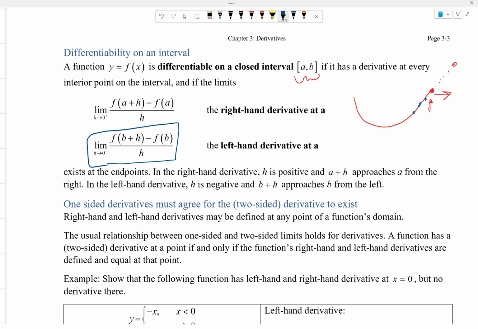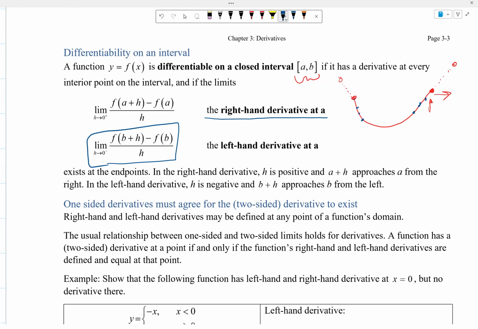What about this endpoint? Well, there's no function over there, so I can't walk this point closer and closer to that. But I can walk points that are just to the right of it. So if I try to use the limit to get to this point, I might only use a right-hand derivative.